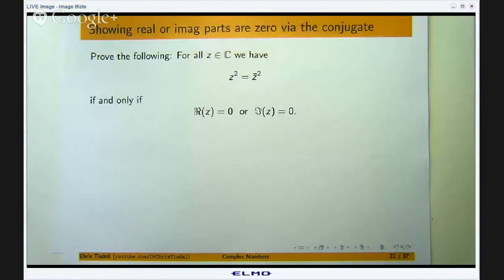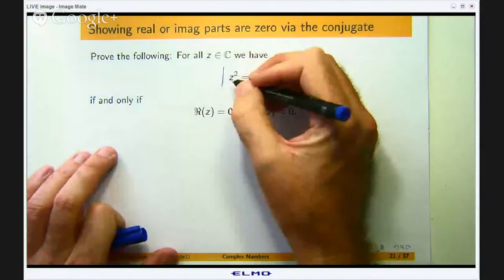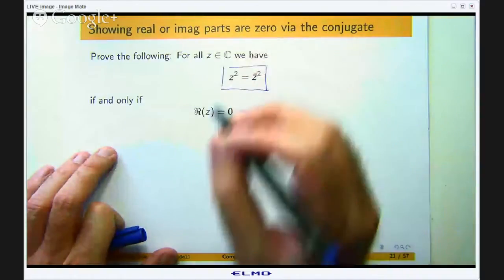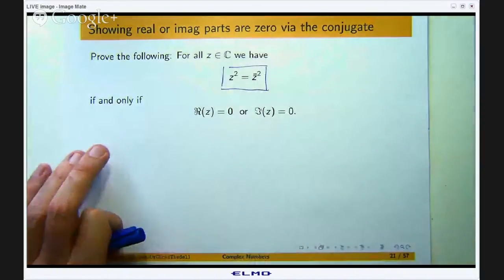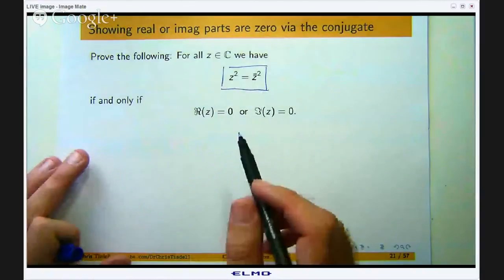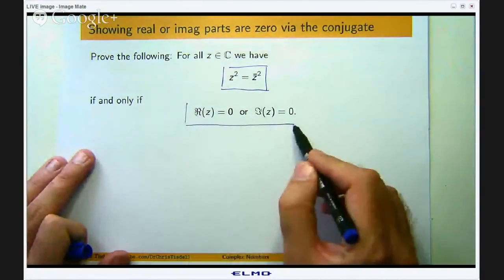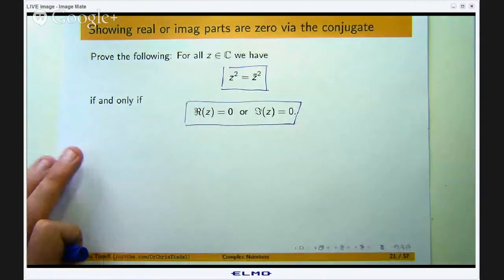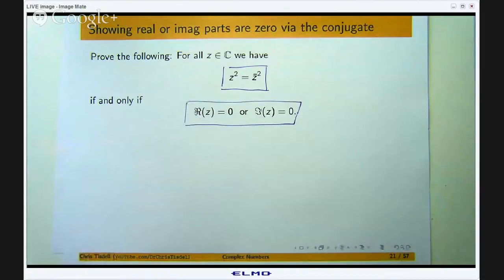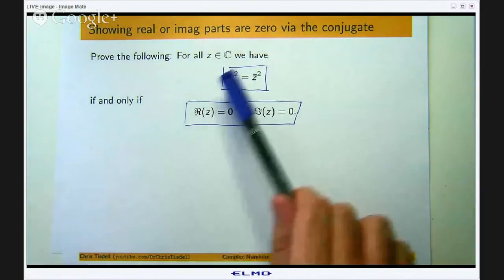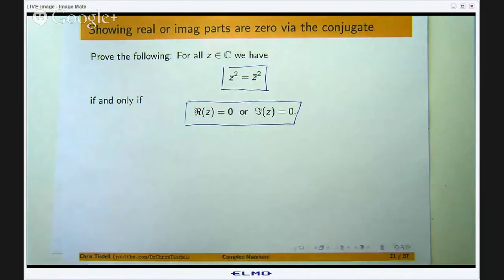All right, so we're asked to prove the following. For all complex numbers z, we have the square of z is the square of the conjugate of z, if and only if the real part of z is 0 or the imaginary part of z is 0. Okay, so before we actually prove it, let's dissect this a little bit.